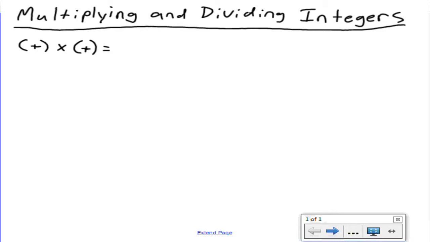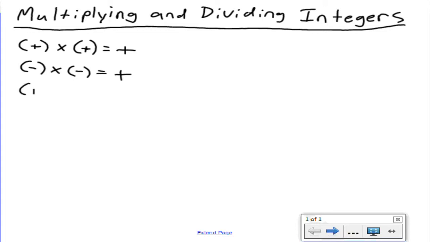Just multiply the numbers, okay? And then your answer will always be a positive. If I'm multiplying a negative times a negative, again, you ignore the symbols, multiply the numbers, and your answer will always be a positive.